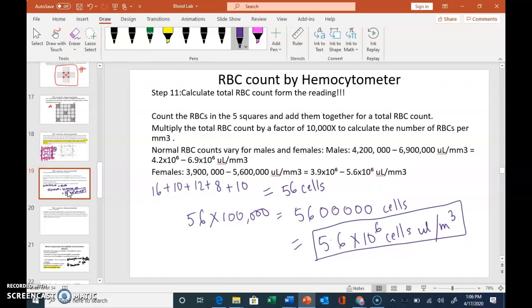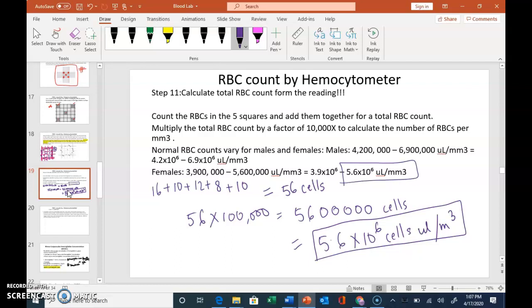On your exam or on your quizzes or practical exam, you will be asked to calculate. I can tell you these are the 5 boxes and these are the numbers that you counted in each box. Tell me the number of cells per cubic millimeter of blood. Your answer should follow this.